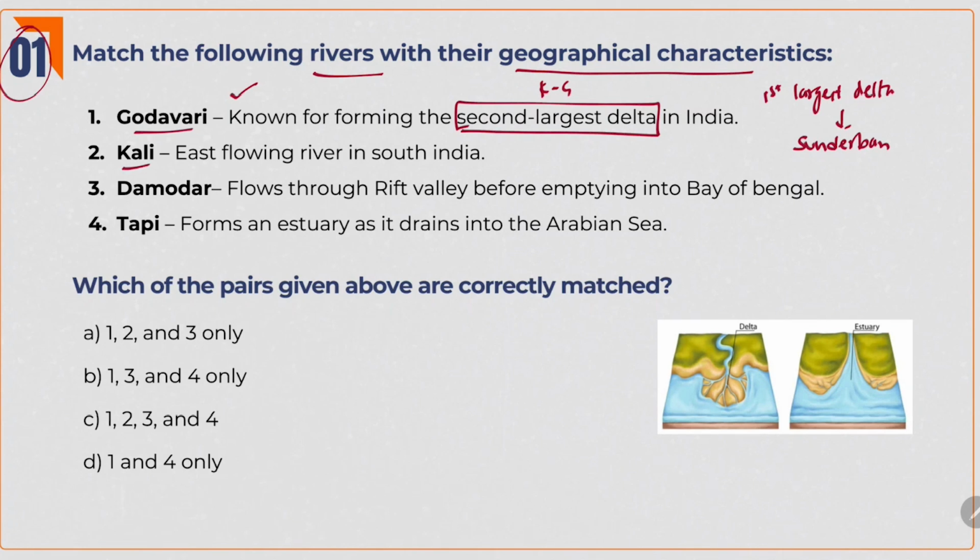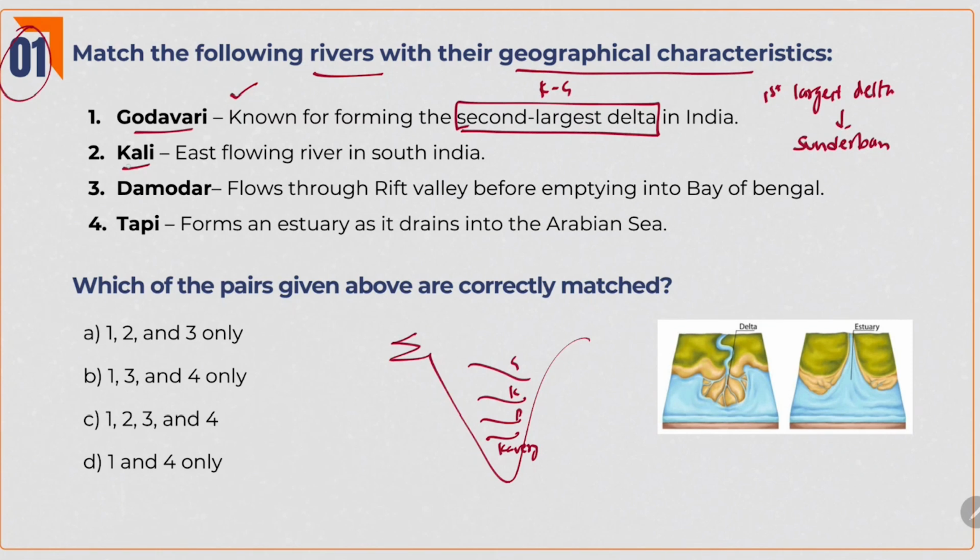Kali River. It is an east flowing river in South India. See, we all know that the major east flowing rivers in South India are Godavari, Krishna, Penna, Kaveri. Have we ever heard of a river named Kali which is east flowing? Just trust your knowledge.